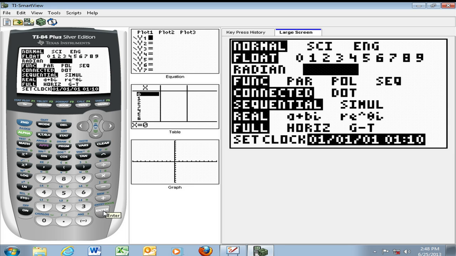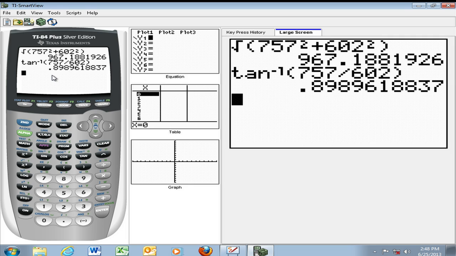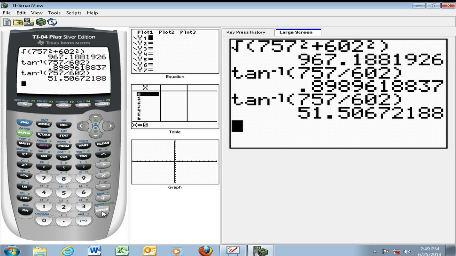I've simply clicked on my Enter key, and now let's quit the mode and reevaluate the inverse tan of 757 millimeters divided by 602 millimeters. When you evaluate that, much better solution.